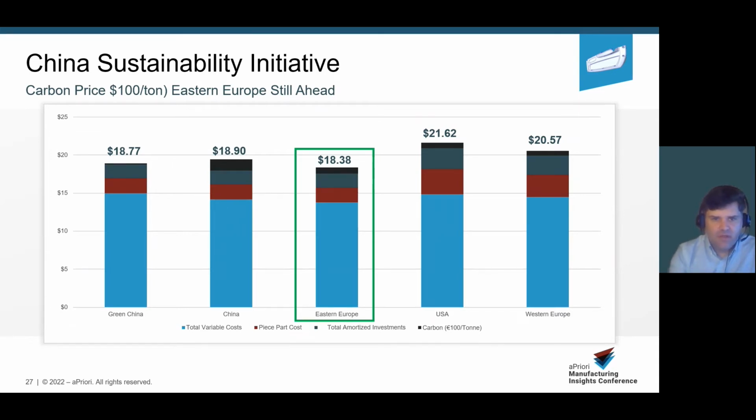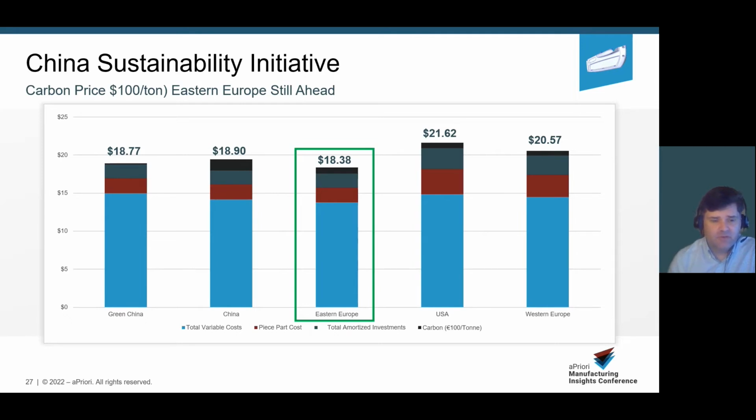We can see it didn't really make a substantial difference between our China without the green or low carbon initiative, the standard option with high coal for electricity, and the low or green China option. With that reduction in CO2, we can still see Eastern Europe came out ahead, even applying that price and seeing that big reduction in carbon from our China suppliers.